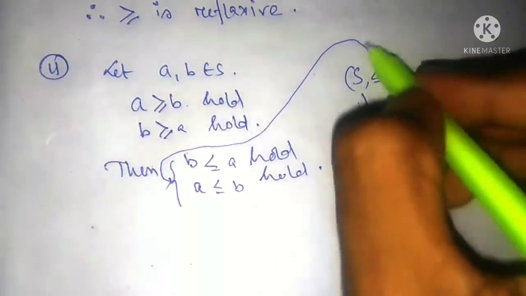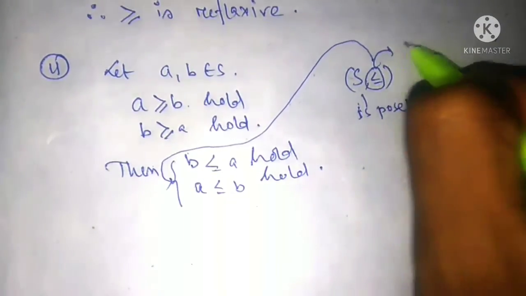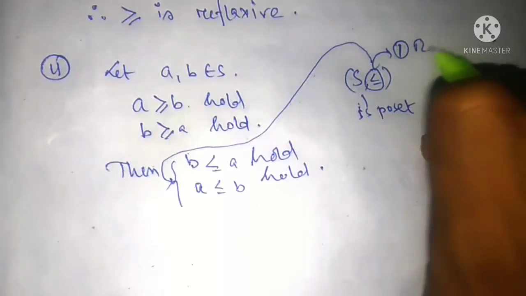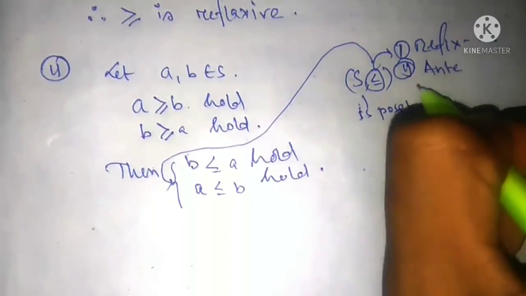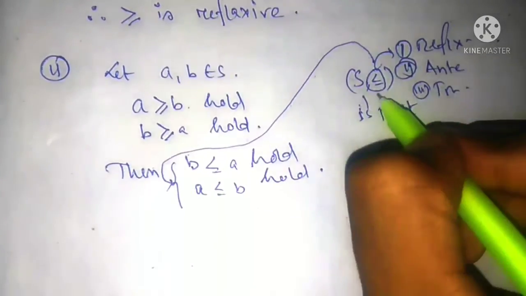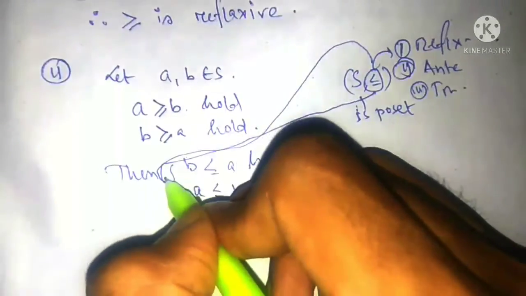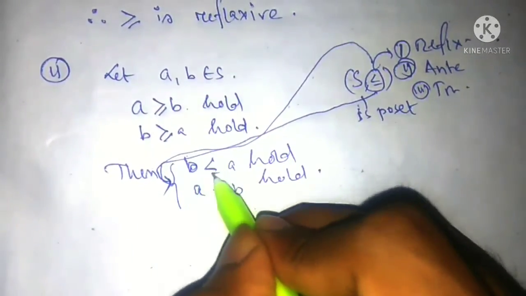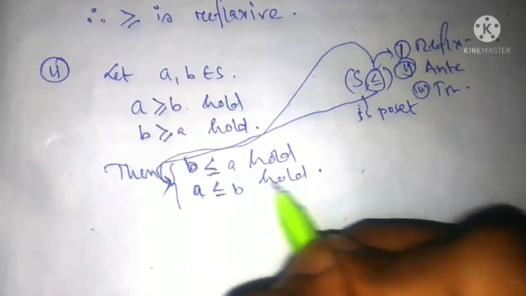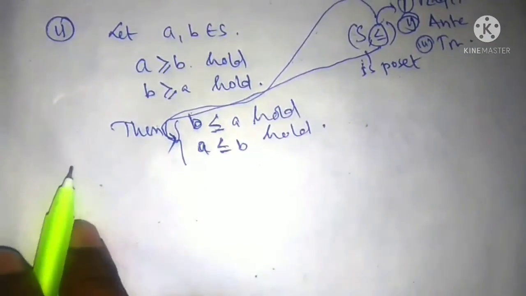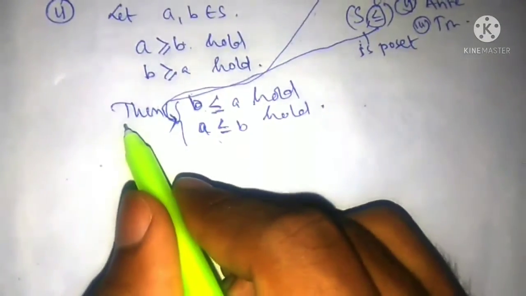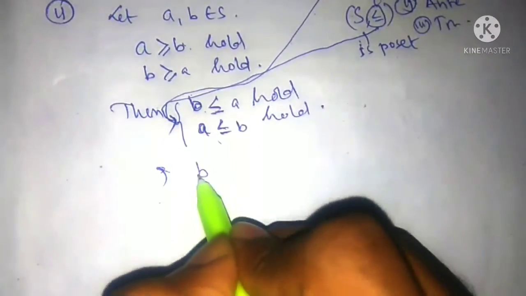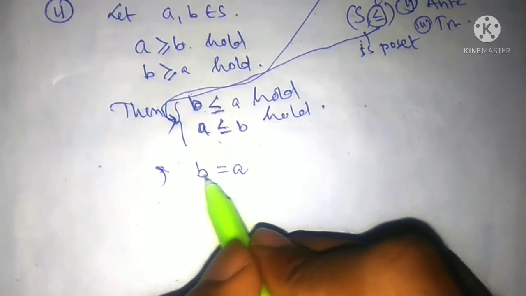This is a poset, that means this is a relation which is already reflexive, antisymmetric and transitive. Three properties hold in this relation. So we can always say that b less than equal to a holds and a less than equal to b holds. If these are implied, we get b equals a.